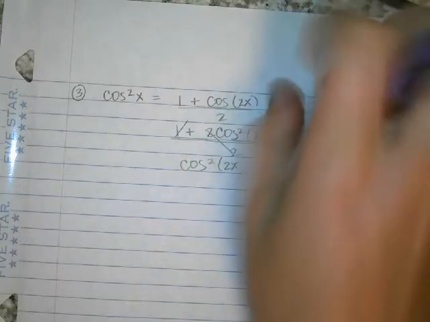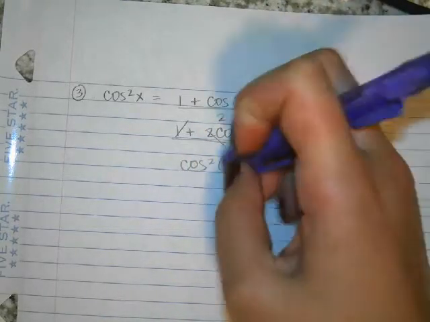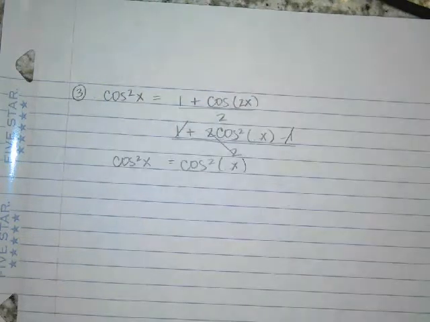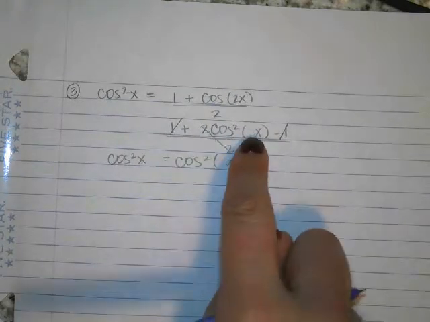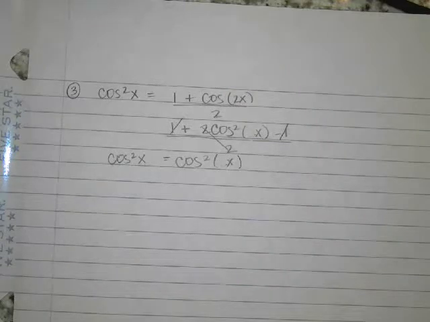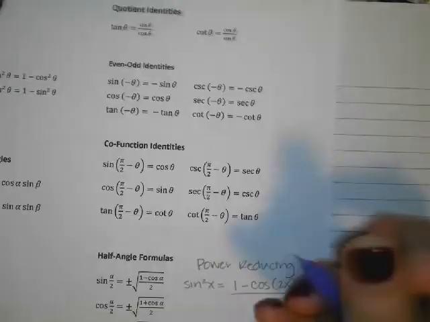That wasn't 2x, that was just x. My bad. Gotta be paying attention. When I did the replacement, I accidentally wrote 2x, but I meant just x because it's a power reducing formula.